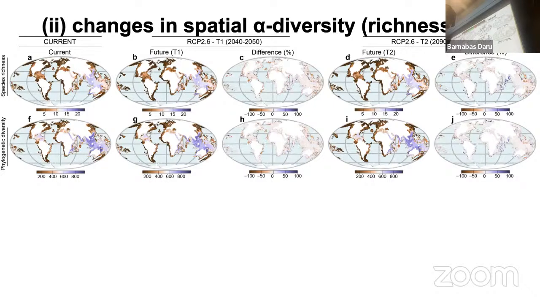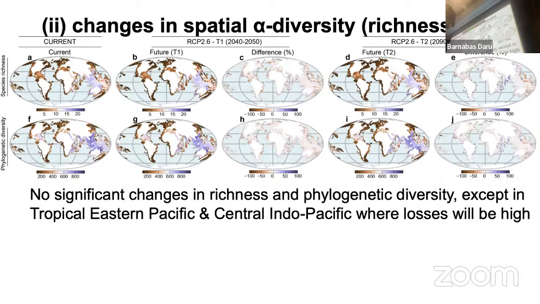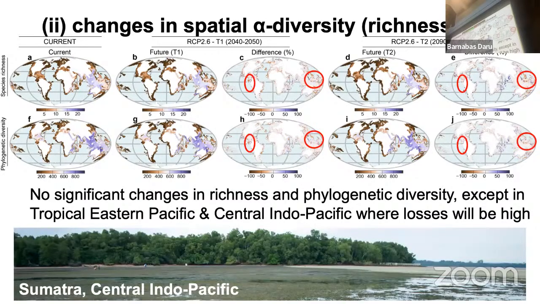And so we mapped this similar to that of richness, and we found no significant changes in richness and phylogenetic diversity, except in the tropical Indo-Pacific and the central Indo-Pacific as indicated in the map here in the red circles, where losses of alpha diversity will be pronounced.